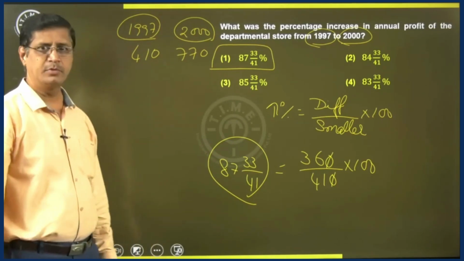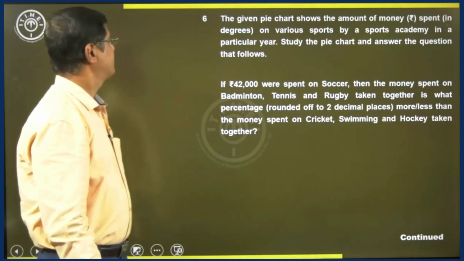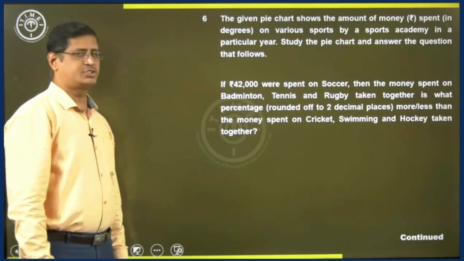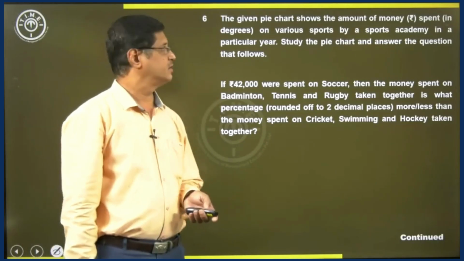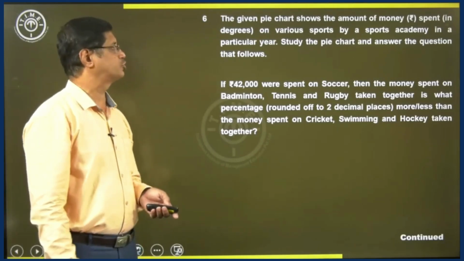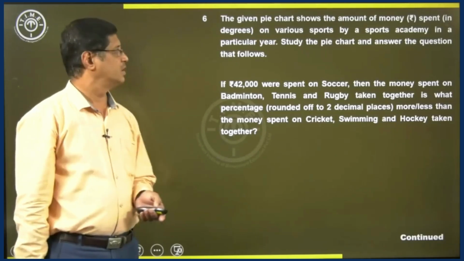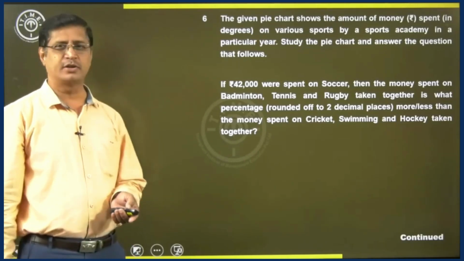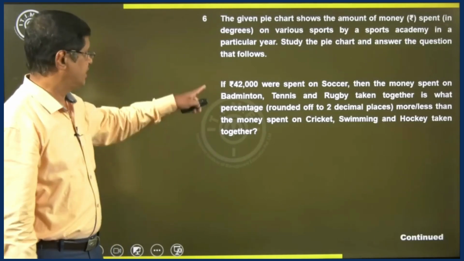Look at the next example. Question number 6. The given pie chart shows the amount of money spent in degrees on various sports by a sports academy in a particular year. Study the pie chart and answer the question that follows. This is the information given here.